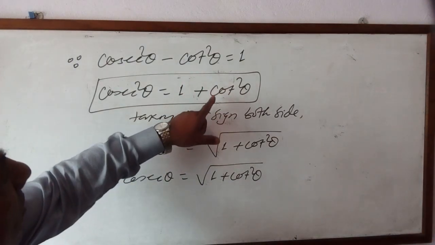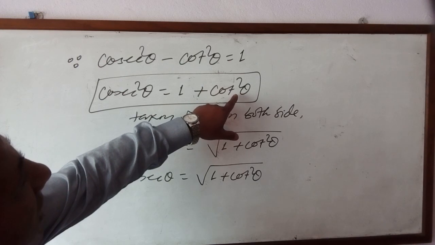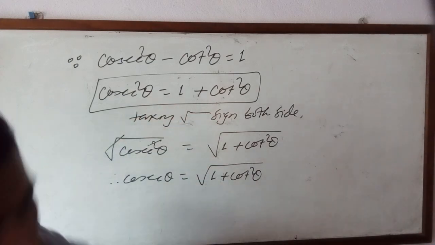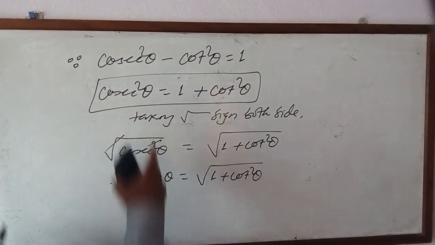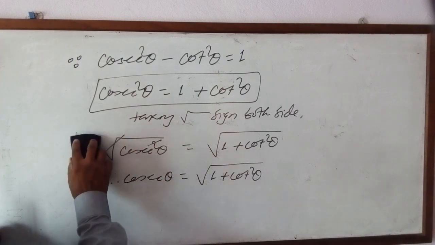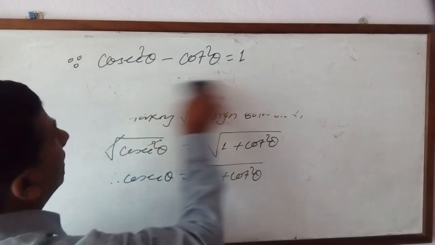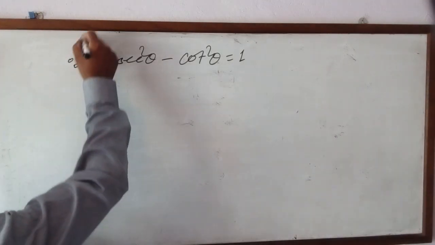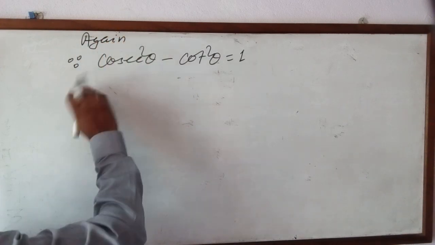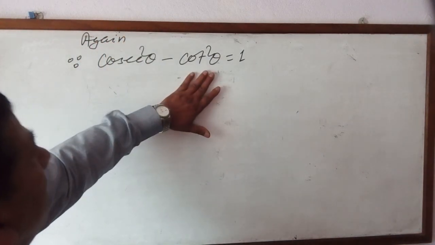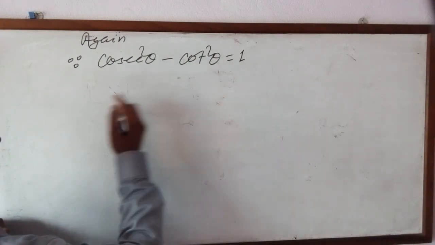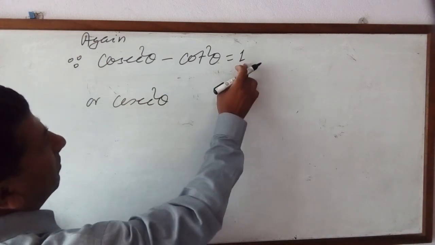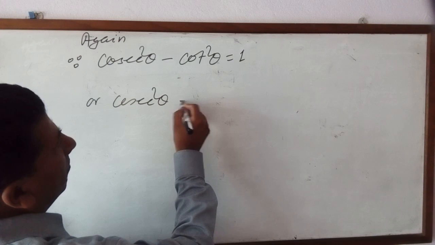From this formula also, what is cot square theta? Now bring this one this side. It will be cosec square minus 1. Now again, since this relation is true, cot square theta you can get like this: cosec square theta equals 1 plus cot square theta, this 1 bring this side, minus 1.